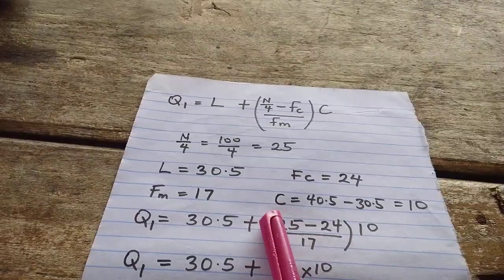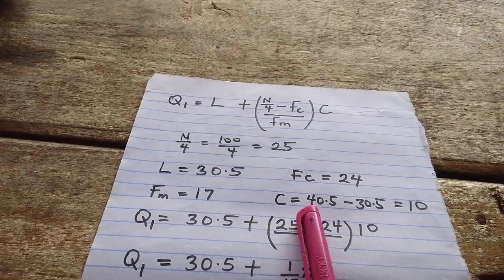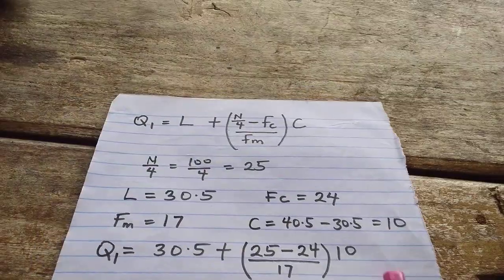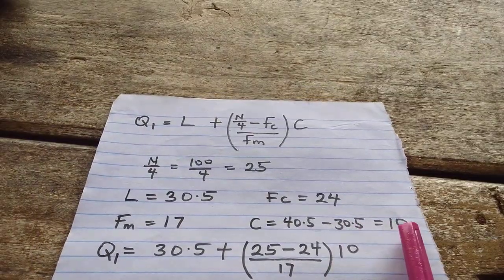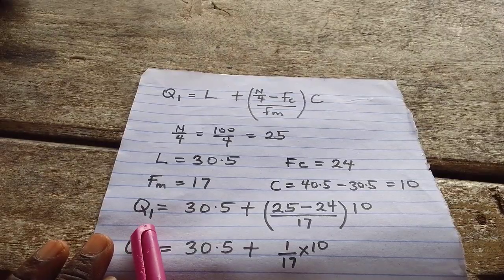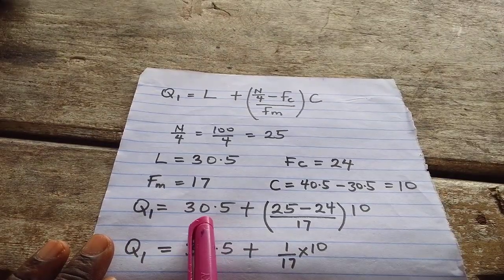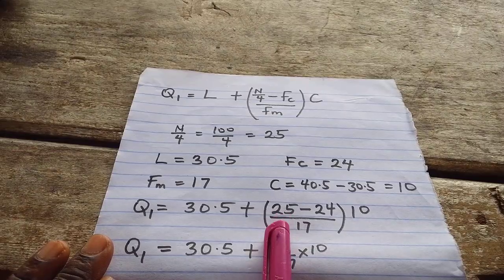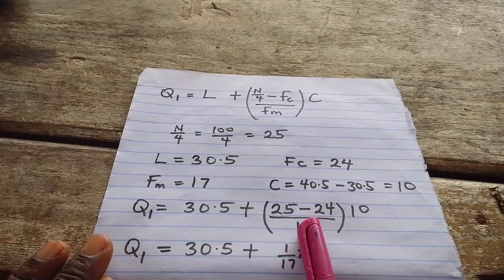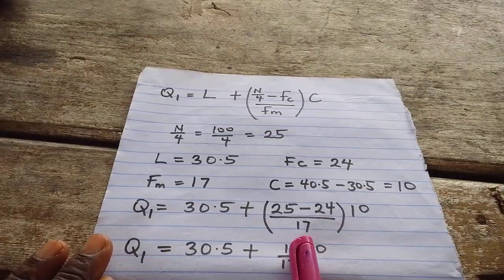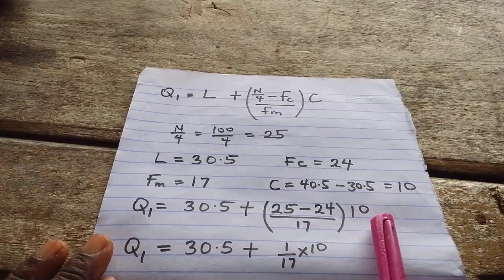Then our C is what? The class width, which is 40.5 minus 30.5, which is 10. So from there you now substitute the values. Our first quarter is equal to L, which is 30.5, plus N over 4, which is 25, minus FC, 24, over FM, 17, times 10.